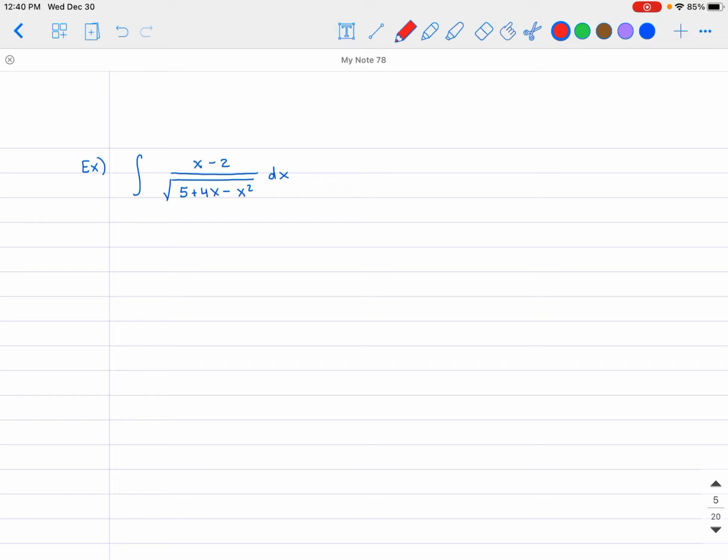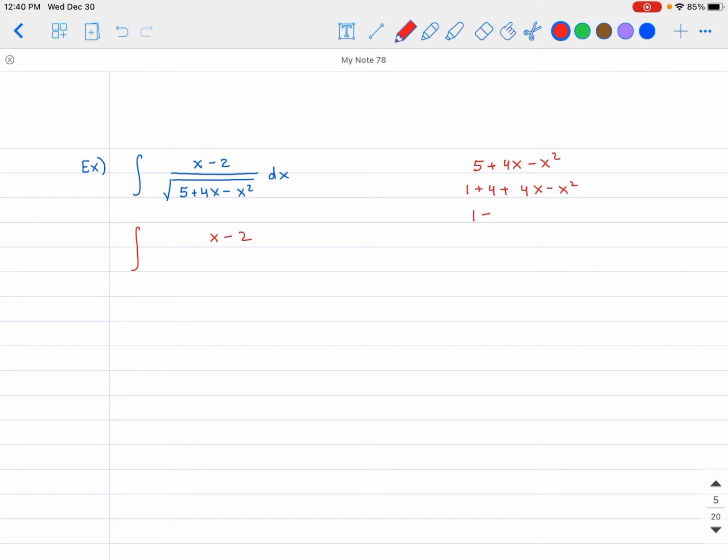So here, just so that I can write it in a form that looks a little bit more familiar, let's rewrite the bottom part so it looks like a difference of squares. Let me write on the side 5 plus 4x minus x squared. If I write that as 1 plus 4 plus 4x minus x squared, then that might actually do the trick.